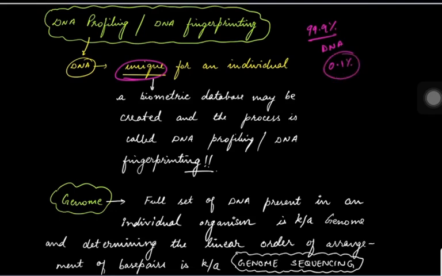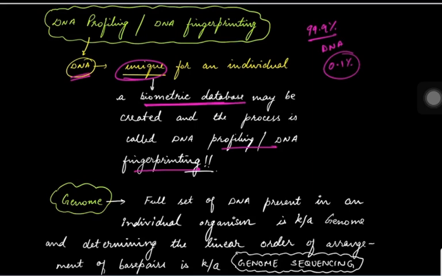That means that every individual is going to have a unique arrangement of the base pairs in the DNA, and therefore, since it is unique, this uniqueness can be used as a biometric parameter for biometric database preparation, such that everybody's DNA, if it can be profiled or fingerprinted, will give each individual his or her own DNA profile or DNA fingerprint.